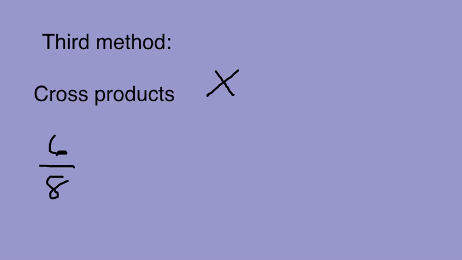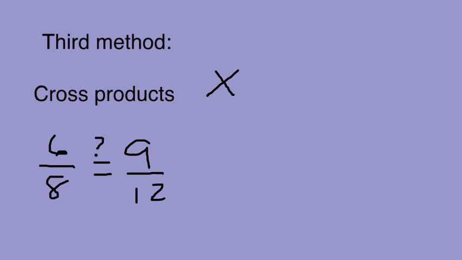And then the third method that we're going to use today is called cross product. And cross products is exactly what it means. It means that you're going to multiply across the equal sign in a cross or an X format. So let's look at the examples that we have. We have 6/8, and we want to know if that's equal to 9/12.